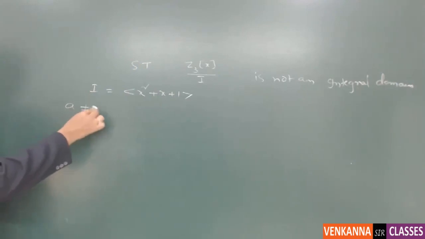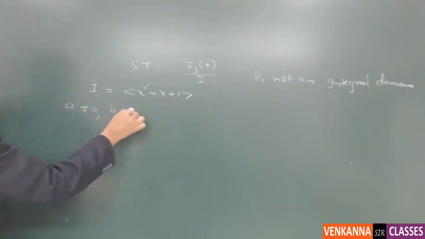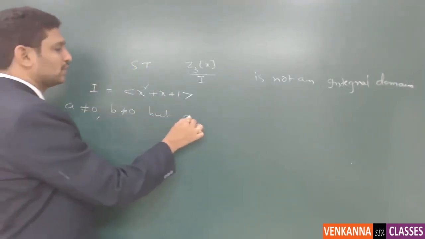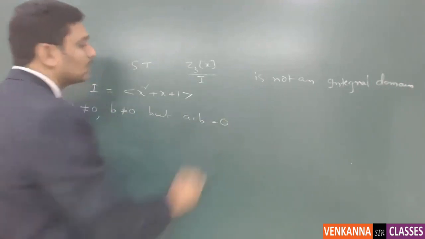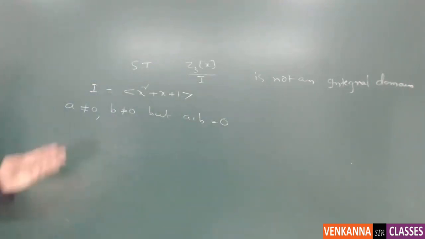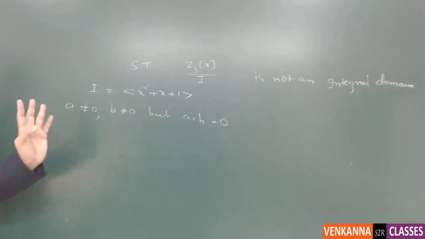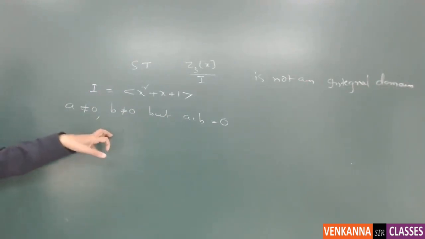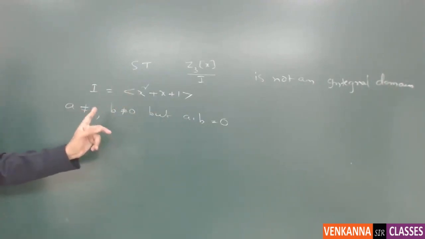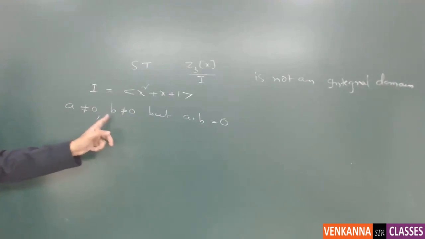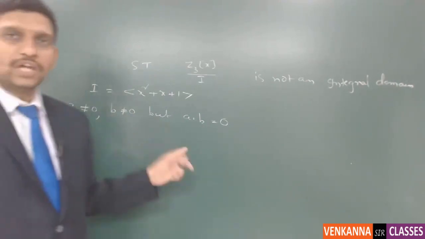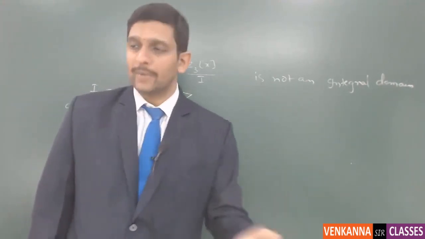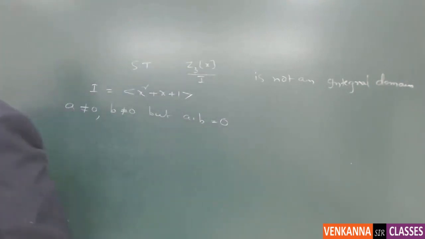A not equal to 0, B not equal to 0, but the product equal to 0. Either you can take the same element or a different element, that doesn't matter. You have taken non-zero values, but the result is zero. If such a situation arises, it means it has zero divisors, therefore it is not an integral domain. Accepted?